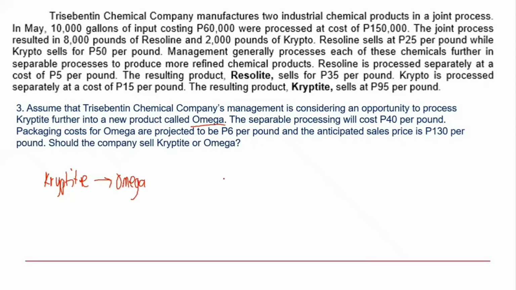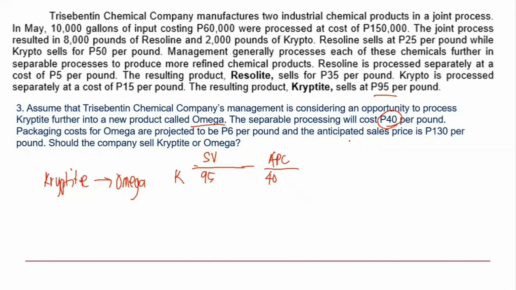What do we have for Cryptite and Omega? The separable processing cost is 40 per pound, so we have additional processing cost. First, what is the sales value of Cryptite? 95, right? If processed further, there will be additional processing cost of 40.